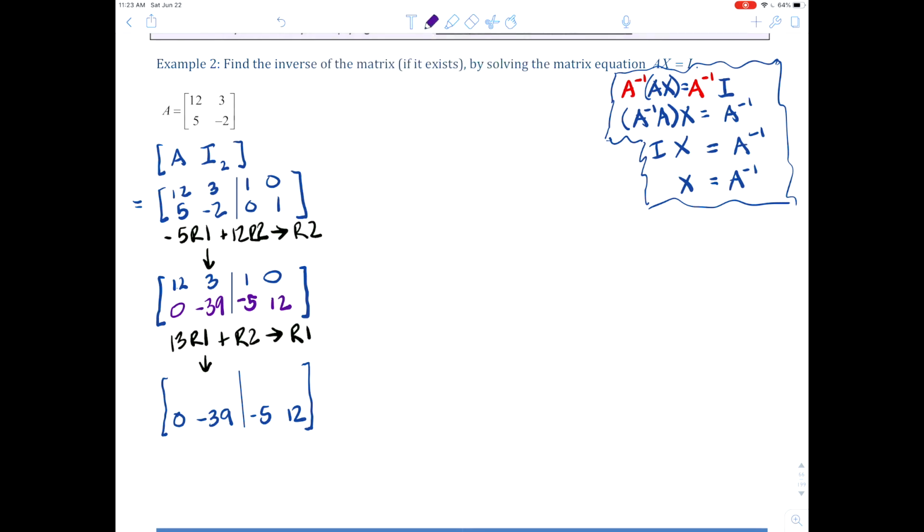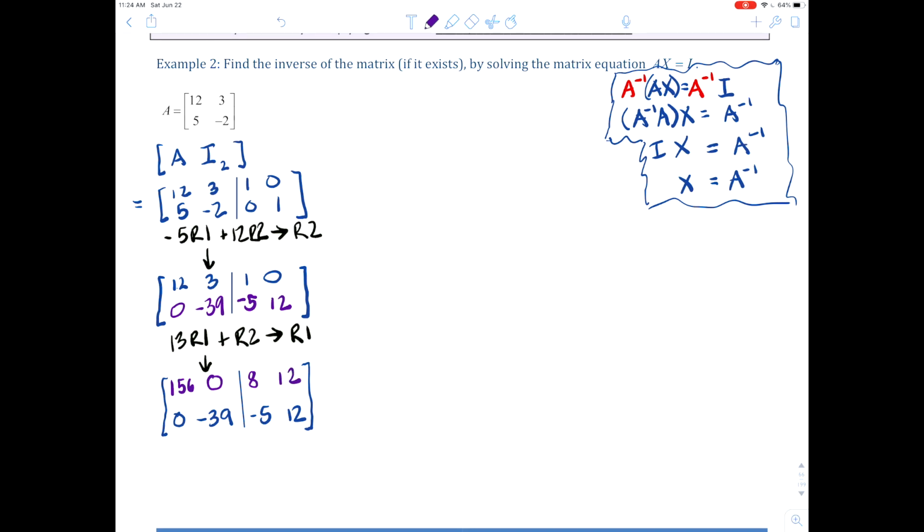And our new row 1 will be, well, 13 times 12 is 156, because that's plus 0, so we get 156. This one's going to 0 out as per our evil plan. And 13 times 1 is 13. And then negative 5 plus negative 5, so we'll get 8. And then 0 plus 12 is 12.